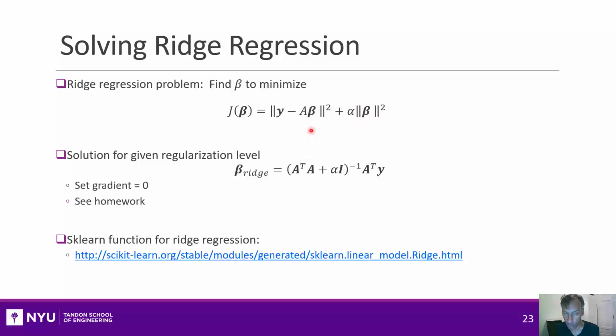You can show, and we'll do this in homework, that there's an explicit solution for this, which is given by this formula here. And if you recall, this is exactly the same formula as in the least squares solution, except that you've just added this plus alpha I term into the first term here. So you can explicitly solve this, and it's not a problem. And we'll also show that sklearn has a routine to do this for you.